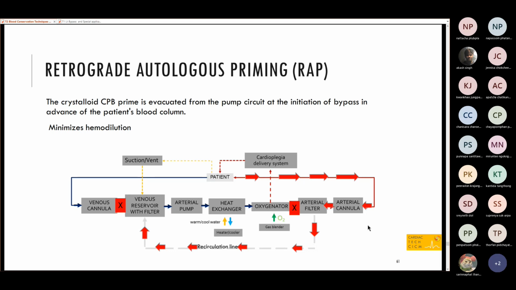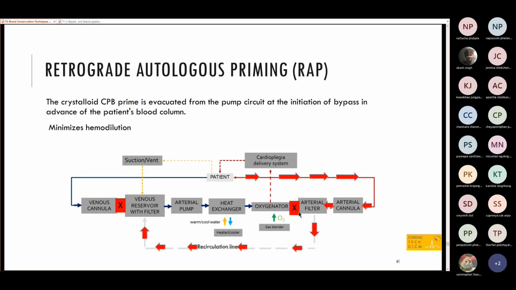Before we start the CPB, the surgeon is going to perform the arterial cannulation. After arterial cannulation, the CPB circuit is connected to the patient.